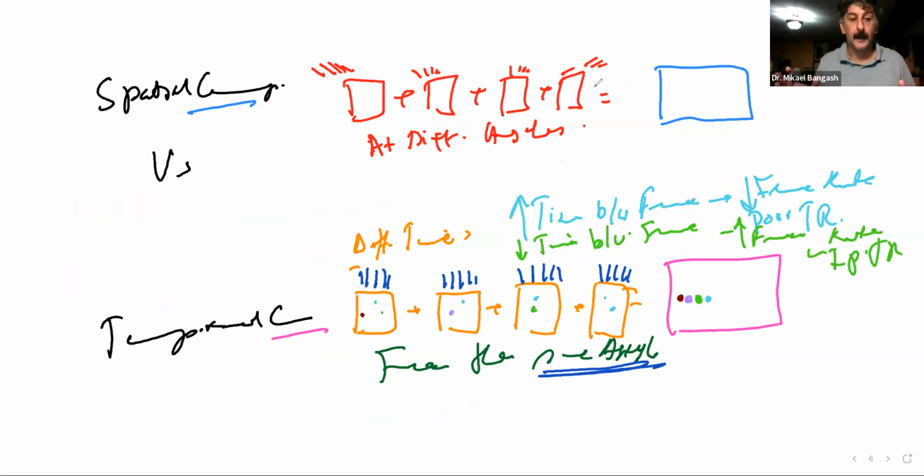Now, the difference is that in spatial compounding, we took multiple frames and put them together to make a compounded image or frame, whatever you want to call it.